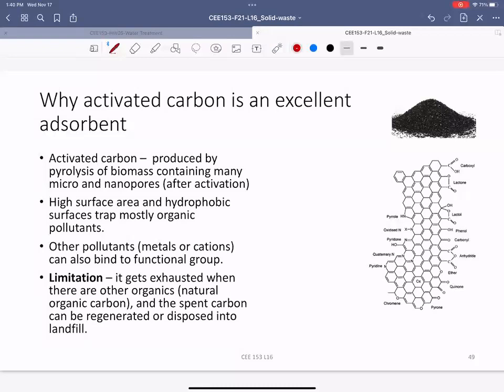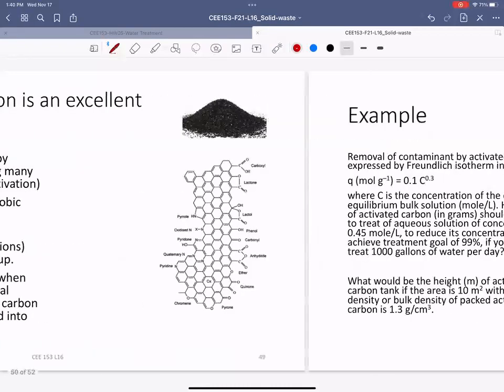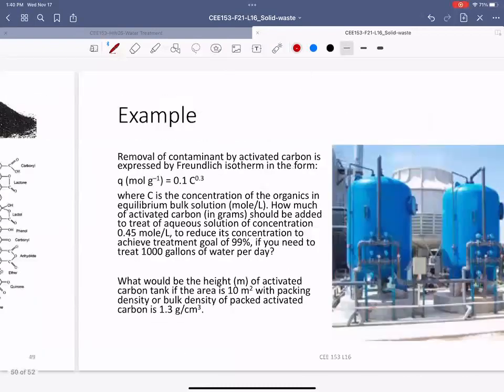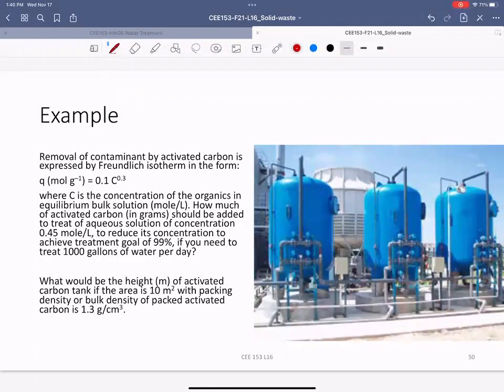The high-temperature steam, compared to water, is passed through it and it opens up the pores. When it opens up the pores, it has nanopores that attract lots of pollutants and increase the surface area. So basically you take a charcoal and activate it. Activate means applying steam, or the process, to open up the pores. So that's called activated carbon. If you see a Brita filter, this is how it is produced.